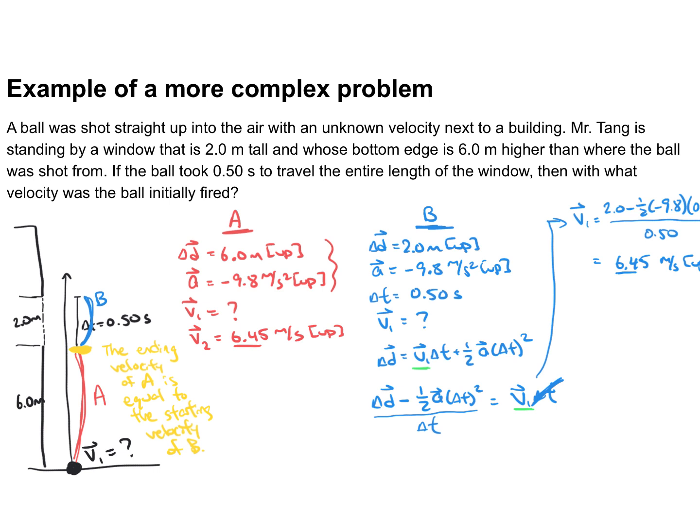And now I have 3 numbers listed under part A. So I should be able to calculate a 4th number. And I'm looking to calculate V1.